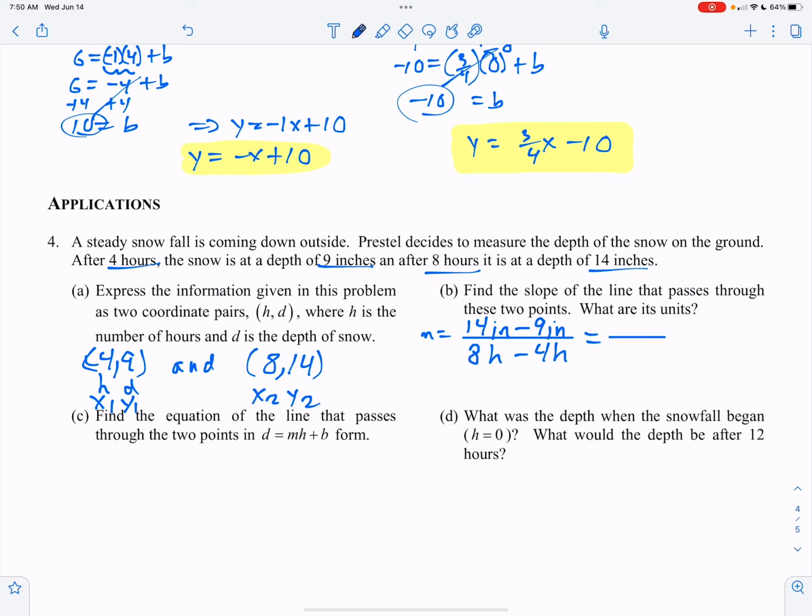Okay, so if we subtract this, we get 5 inches in 4 hours, or 1 1/4 inches per hour. So the units are inches per hour.